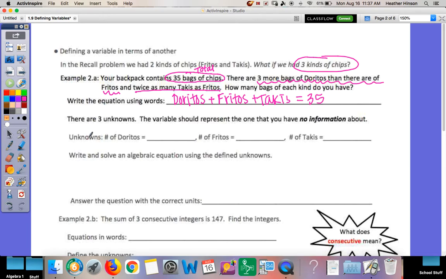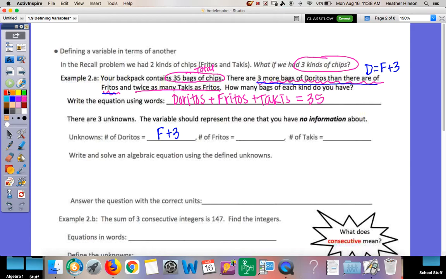For my number of Doritos, do I know anything about Doritos? Well, it says I have 3 more bags of Doritos than Fritos. So my Doritos are going to be those Fritos plus 3, because I have more than the Fritos. So that's my Fritos plus 3.